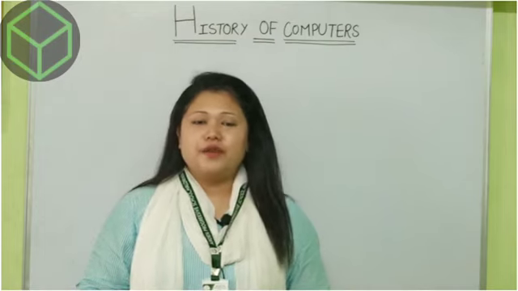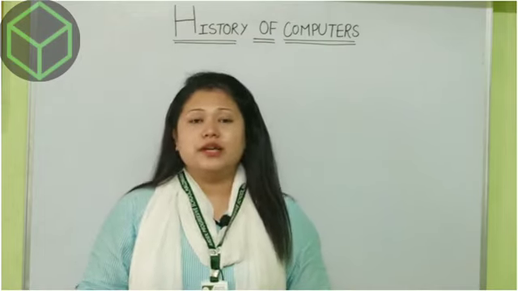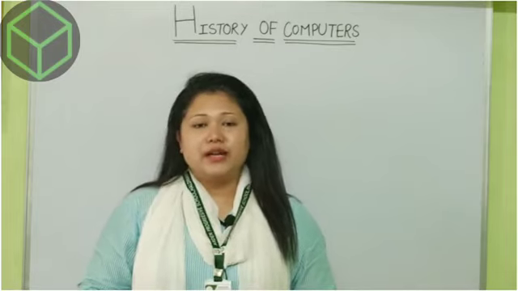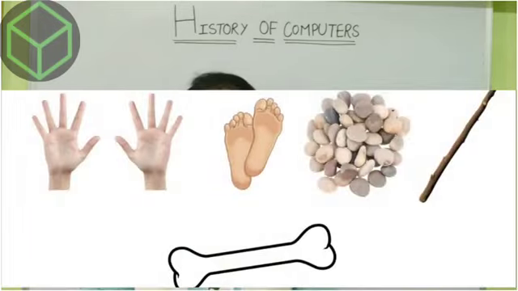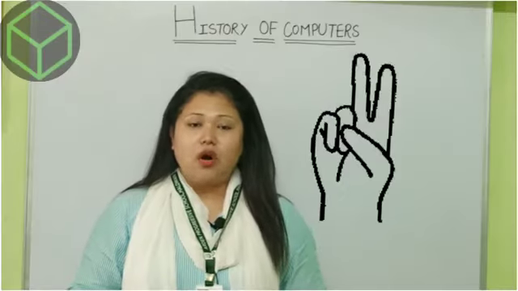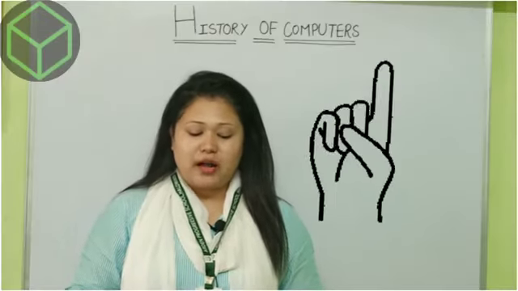In this video, we're going to learn about the history of computers. The first calculating devices used by primitive people were fingers, toes, pebbles, stones, sticks and bones. They used all these things as accounting tools.